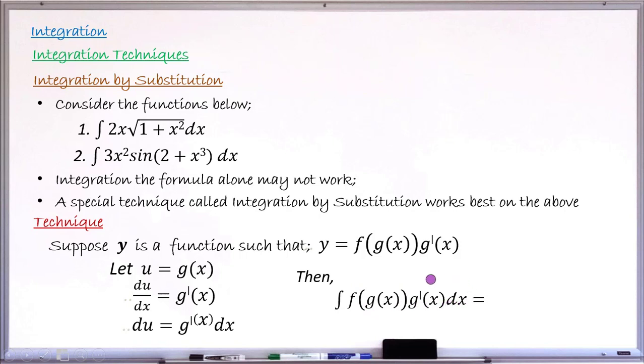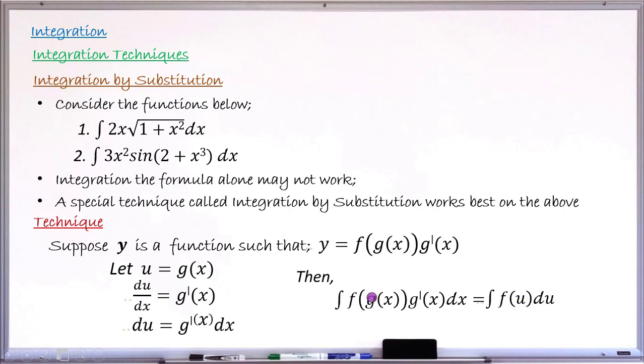You can see here g of x, which we let be u, and g prime of x times the dx, which we have here as our du. So this can be reduced to a less complex one, equal to the integral of f of u du.